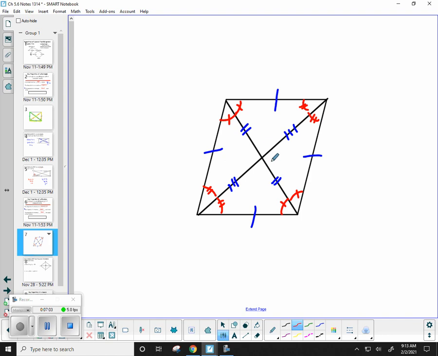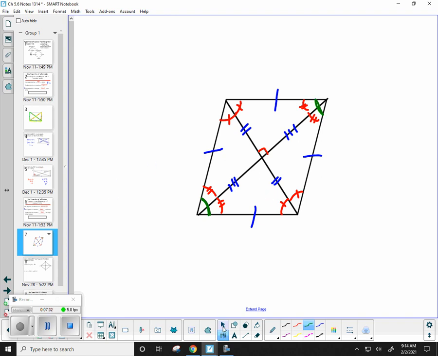But keep in mind, if these two are congruent right here, they're also supplementary, so each one of them has to be 90 degrees. So this is how we have diagonals that are perpendicular, and these diagonals end up bisecting the angles. This whole angle is still congruent to this whole angle, but it's also bisected by the diagonals.